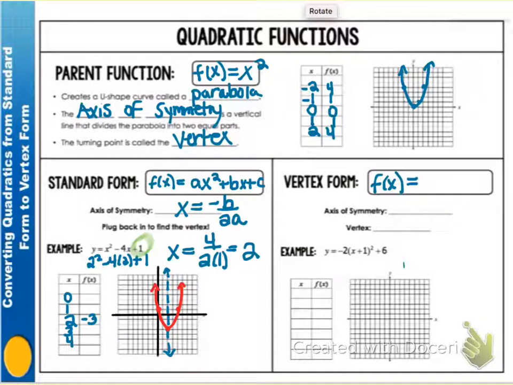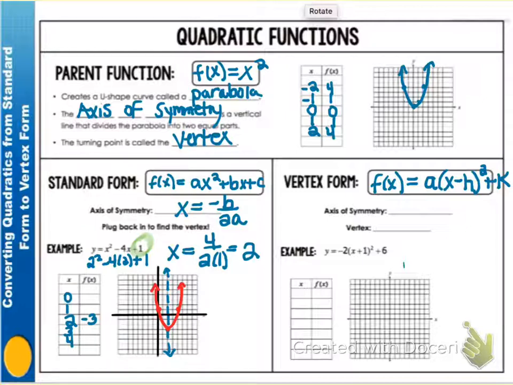Now, a vertex form looked like this. F of x is equal to a times x minus h squared plus k. And we knew that each of these things, a, h, and k, represented some change that you would make to the graph, whether it be its position, sliding it left or right, which is what the h does, sliding it up or down, which is what the k does, and then maybe making it skinnier or wider.